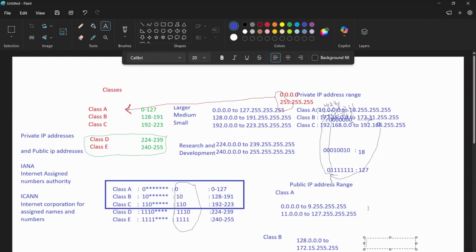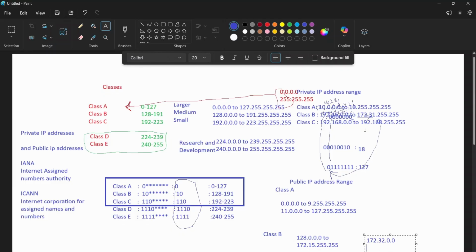Then another range after that: 172.32.0.0 to 191.255.255.255. Definitely it might confuse you guys, but if you watch two or three times, you will get clarity. That is the class B public IP address range.